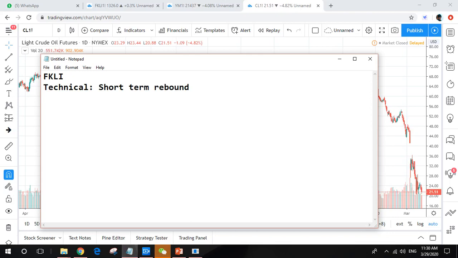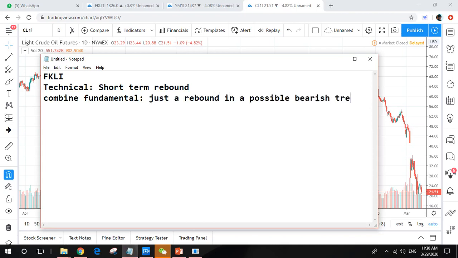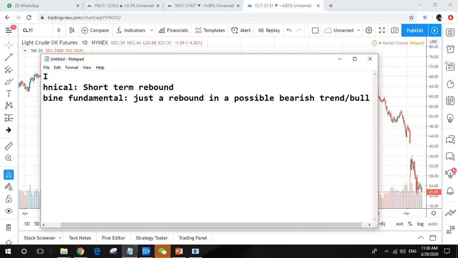If I combine the technicals with the fundamental drivers, I can conclude that both show the FKLI is now just a rebound in a possible bearish trend, which can be referred to as a bull trap.